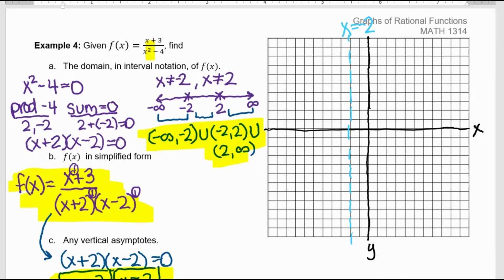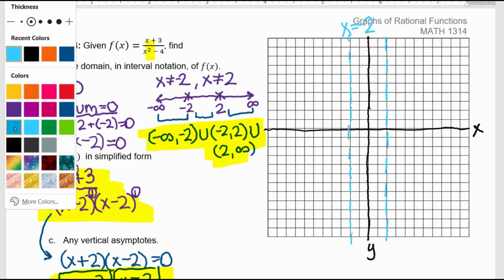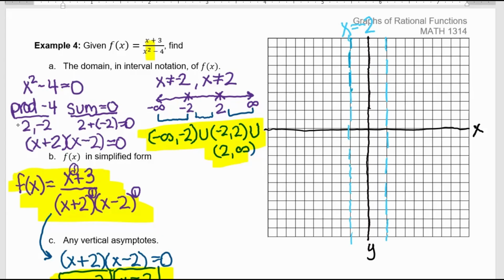And then from the origin, we need to go to the right. Make sure that you have a dashed line, because it's not a solid line.